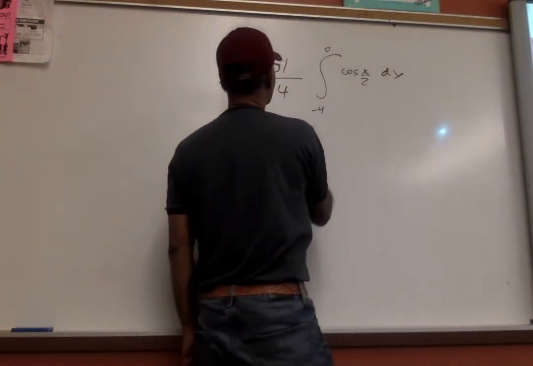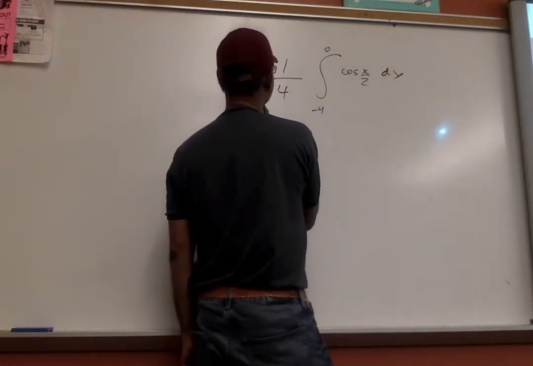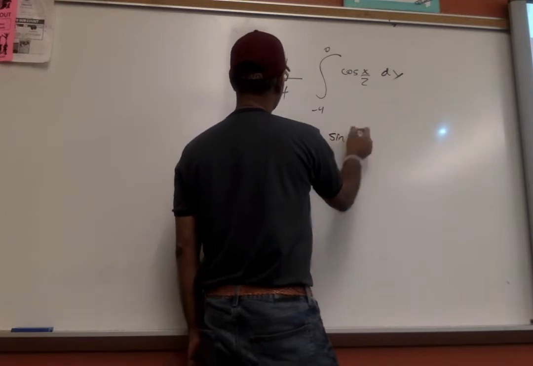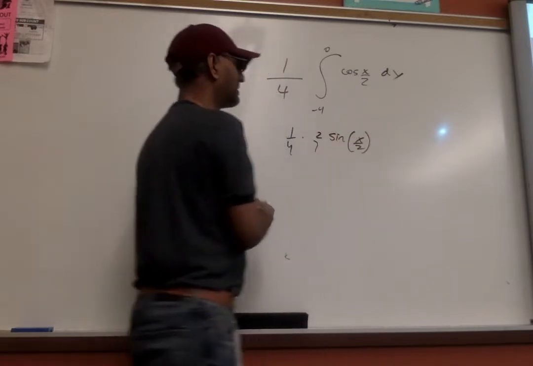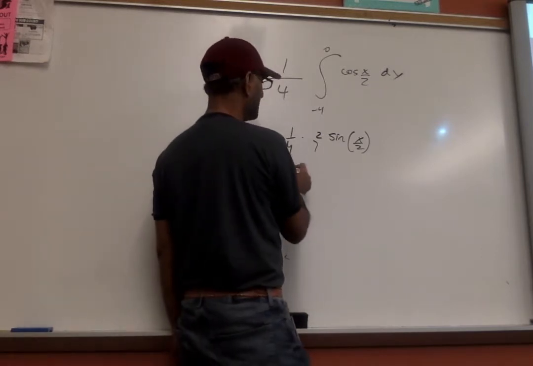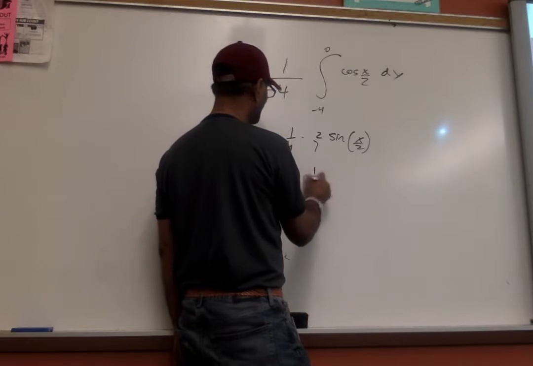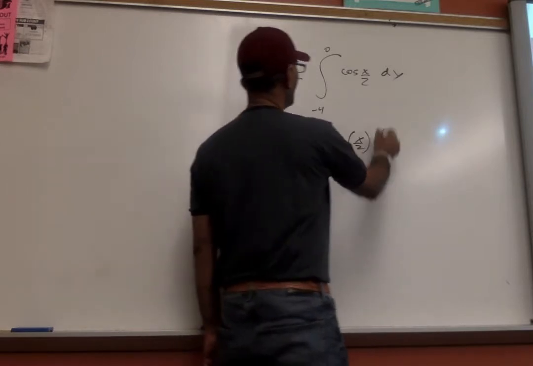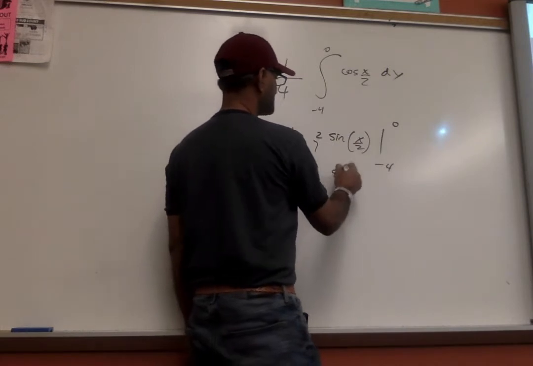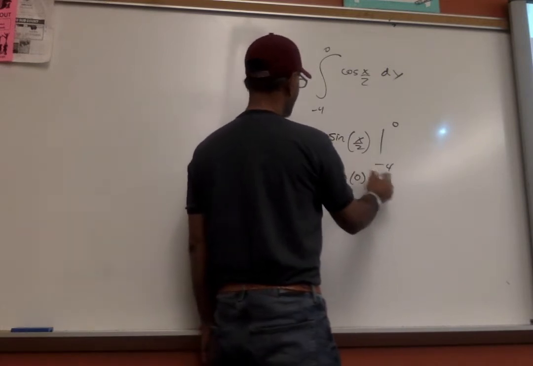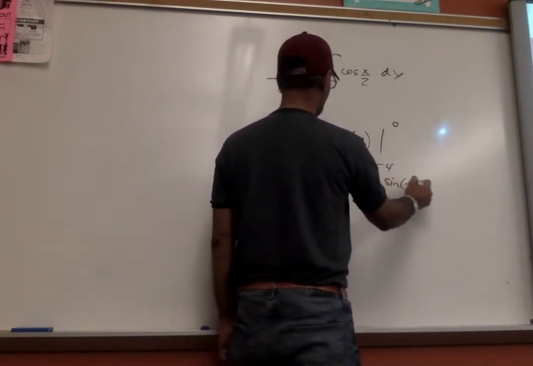Okay, careful. The integral of cos of x over 2 is sine of x over 2 times 2 over 1. Multiply by the reciprocal. So the outside number really becomes 1/2. Slow down. Lower limit -4, upper limit 0. Then it becomes sine of 0 minus sine of -4.